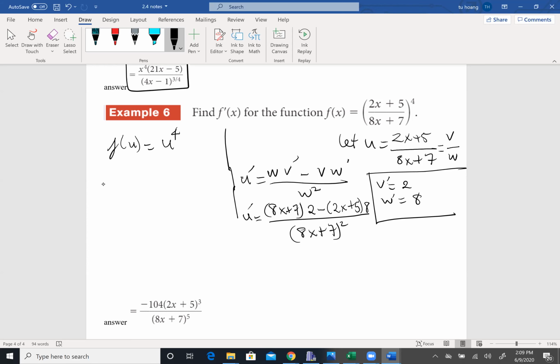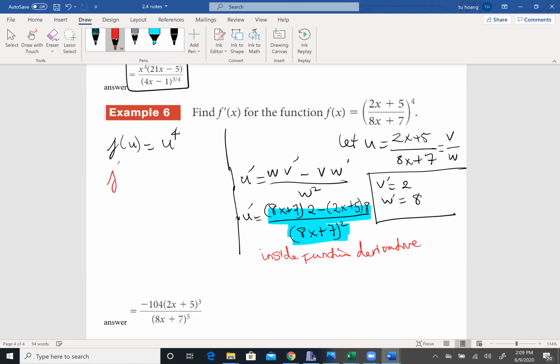And now let me see, is there anything that I can do? No. Now I actually can say this is the inside function derivative, right? And now I would like to take the outside derivative.